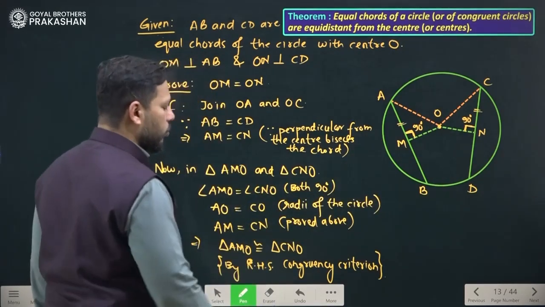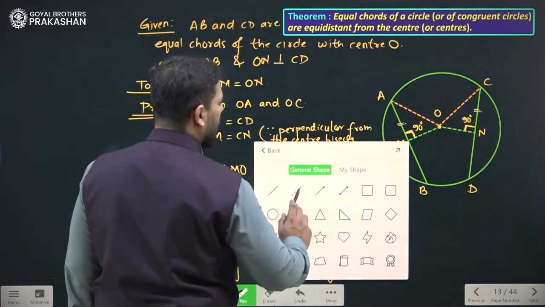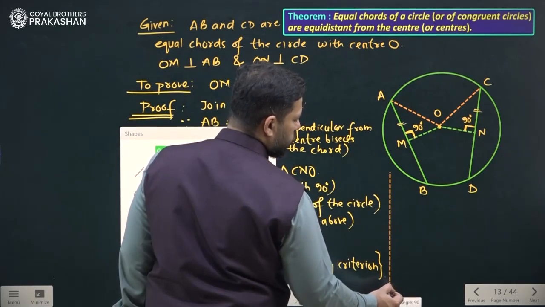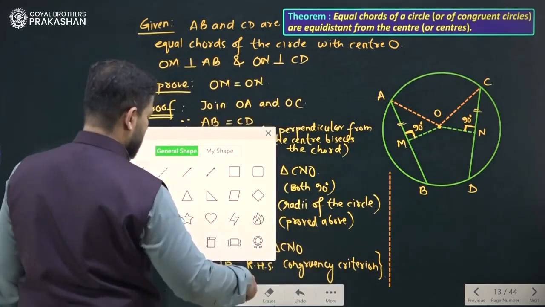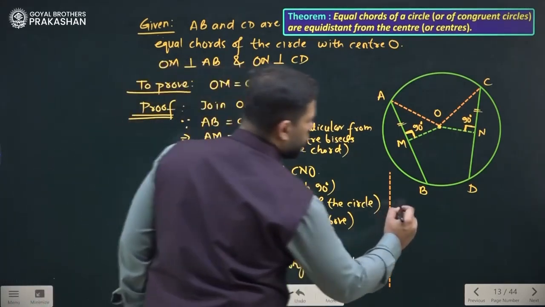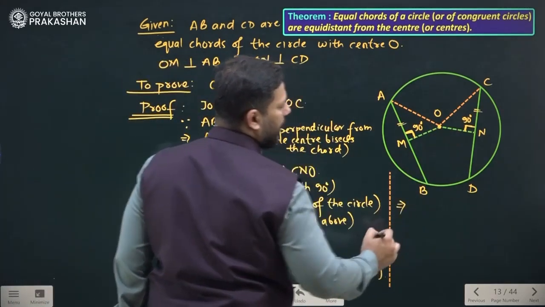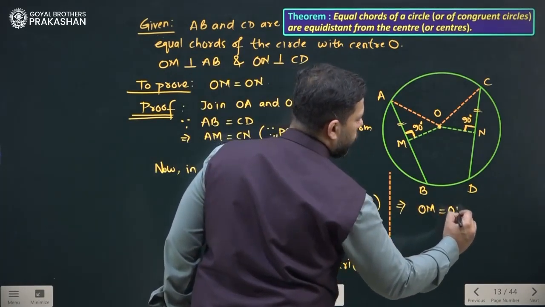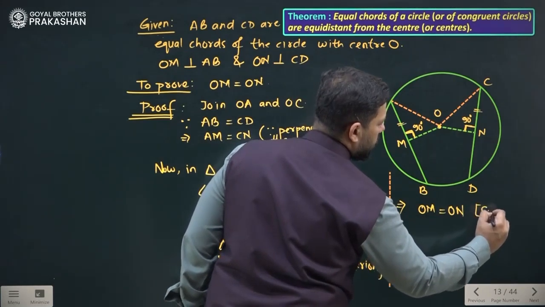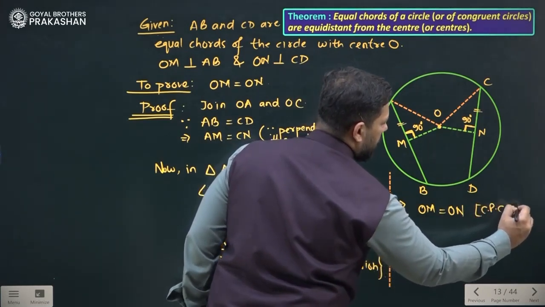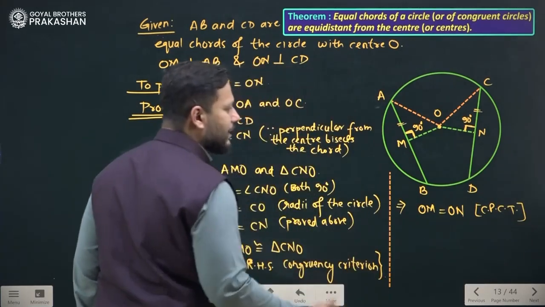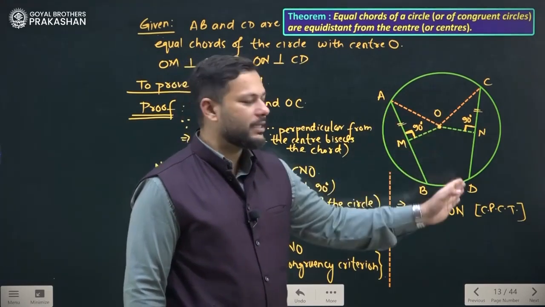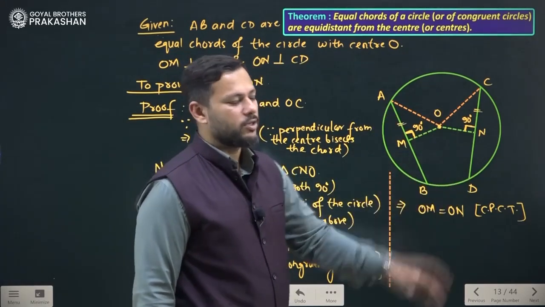Now, as they are congruent to each other, we know that we can use the concept of CPCT. And when we do so, look what we are going to get. So this implies that since these two triangles are congruent to each other, OM is equal to ON, by CPCT, corresponding parts of congruent triangles, and since OM is equal to ON, we can say that chords AB and CD are equidistant from the center of the circle.